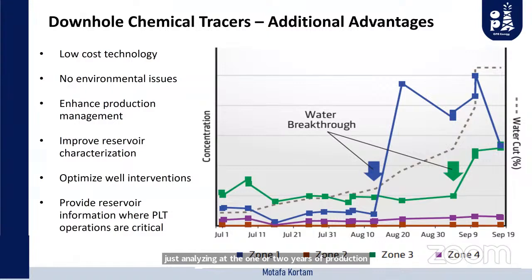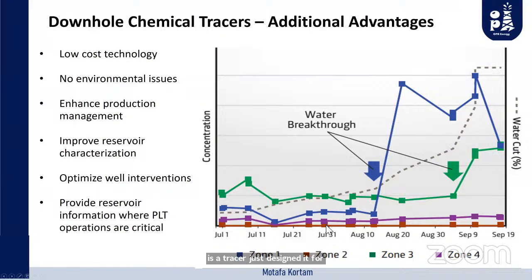Again, we are repeating to emphasize what we have discussed. For example, there are 4 types of tracers employed on a well, and each tracer belongs to each zone, so the color is distinguished with the zones. Zone 2, for example, doesn't provide any tracer, but here the tracer is designed for the water.